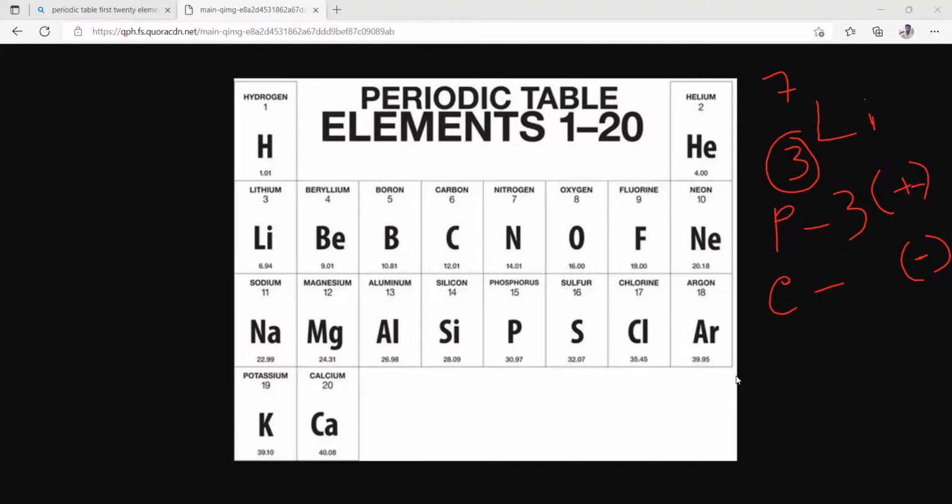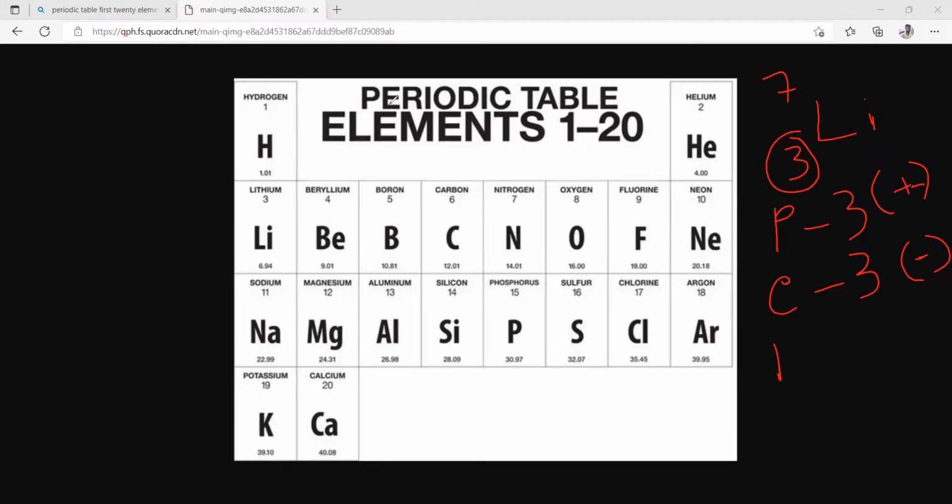The number of protons is equal to the number of electrons. So 3, very good. The number of electrons is also 3.